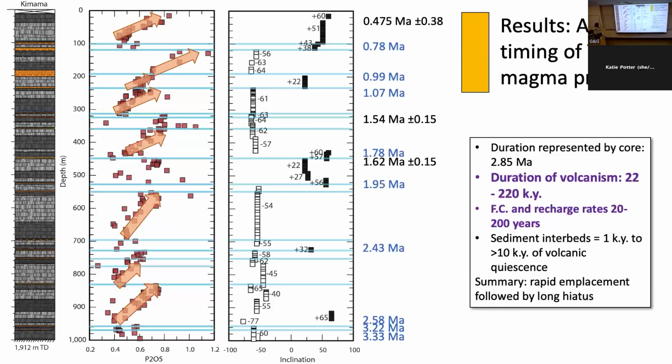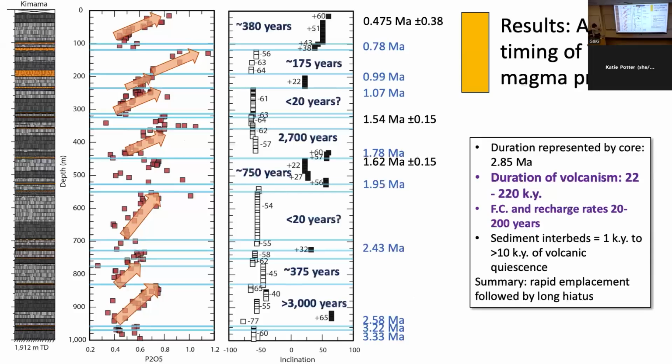Using our inclination record, we can multiply that average value by the inclinations we see in these flow groups and start to determine temporal information about the rate of these processes.